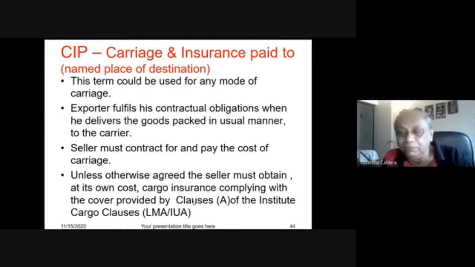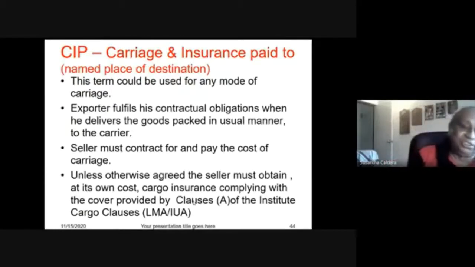CIF is minimum insurance, but CIP is new in Incoterms 2020. Unless otherwise agreed, the seller must obtain at his own cost cargo insurance compliant with the cover provided by clause A of the Institute Cargo Clauses. Again, all risk. Earlier CIP had cargo clause B and C, minimum insurance.